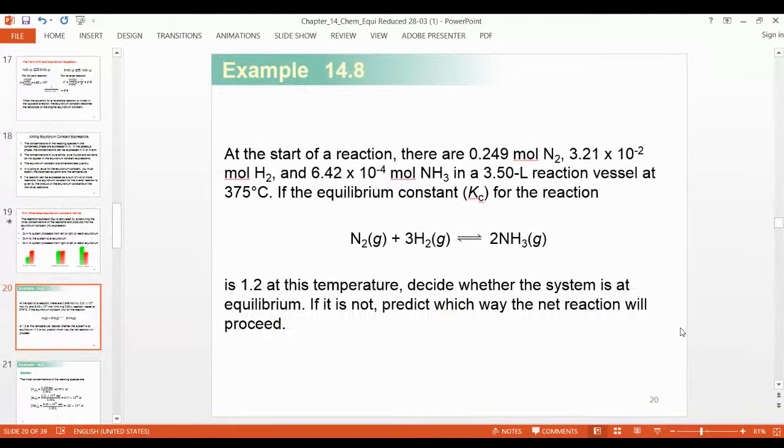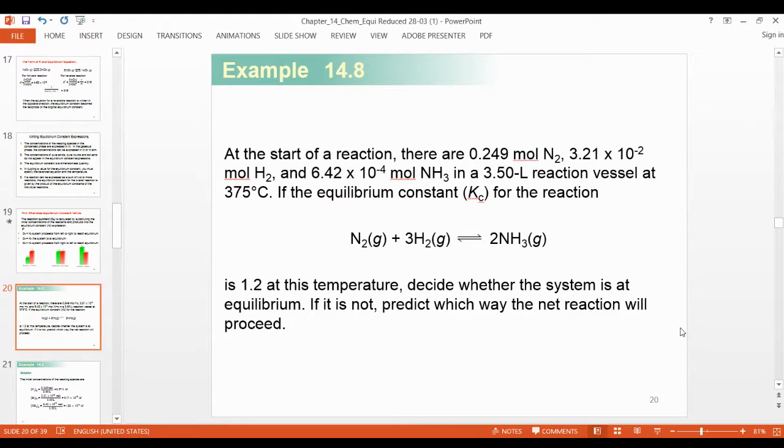Okay. Suppose we have this example. At the start of the reaction, there are this many moles of nitrogen, hydrogen, and ammonia given in a reaction vessel, a 3.5 liter container.